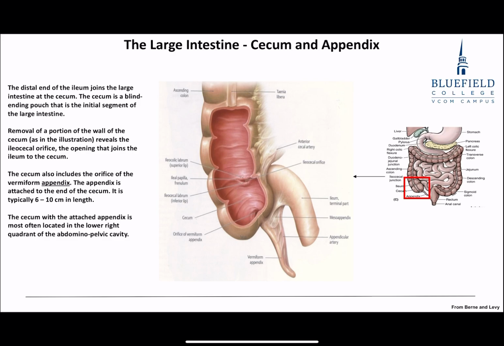And of course, often when students are dissecting, they look for an appendix and they don't find it because it's been removed. This is a very common surgical procedure where the appendix becomes inflamed, because fecaliths, like hardened pieces of feces, sometimes get trapped at the opening just inside the appendix.